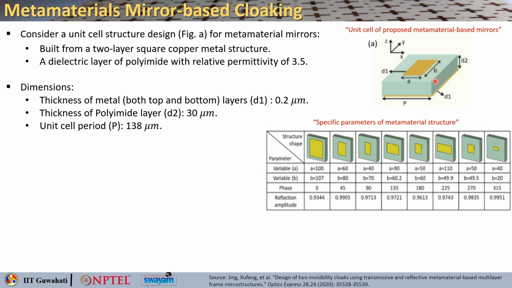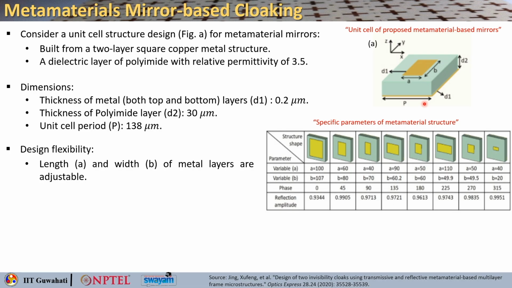Now what are the dimensions being used here? The thickness of the metal on the top and the bottom layer is taken as 0.2 micron. The thickness of the polyimide layer is 30 micron, and the P, that is the periodicity of the unit cell, is 138 micron, okay. Now as you can see that this very A and B are basically the length and the width of the metal layer, okay, and that is basically adjustable.